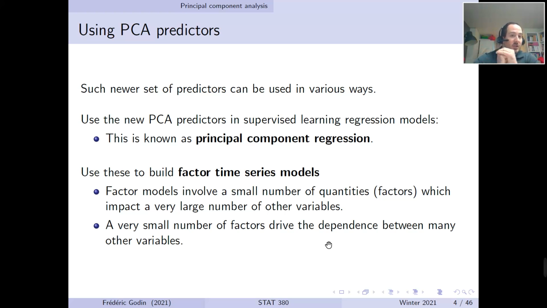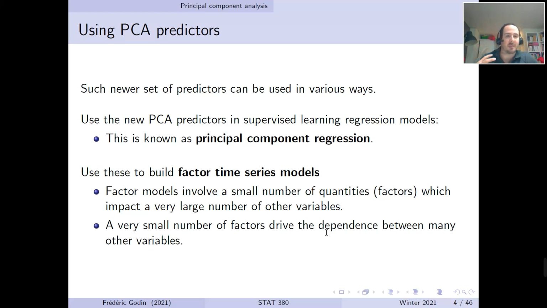And it would be much more convenient to model a single variable at a time instead of modeling the behavior of, let's say, 1,000 stocks simultaneously. Okay, so for that reason, it's more convenient to model the dynamics of fewer variables than a large number of variables. So factor models often use the idea of constructing a lower number of variables which summarize the information provided by the initial variables, and then modeling these lower number of variables instead because it's more convenient.